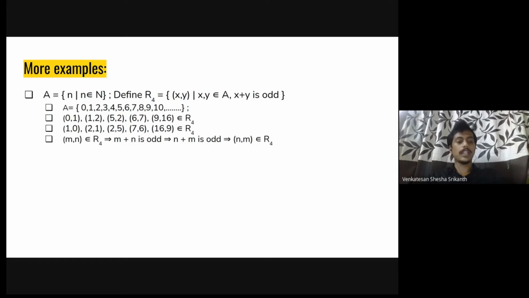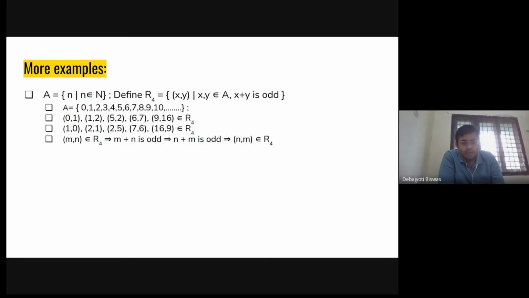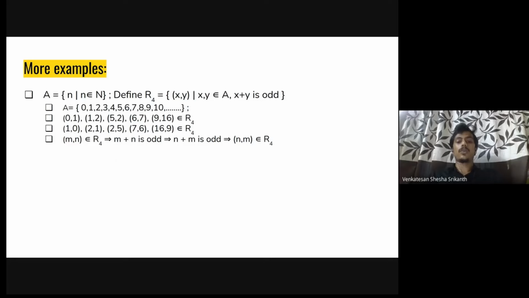If an element (m, n) is in R4, that implies m plus n is odd, which again implies that n plus m is odd, because m plus n is equal to n plus m. So n plus m is odd, which implies (n, m) will also belong to R4.